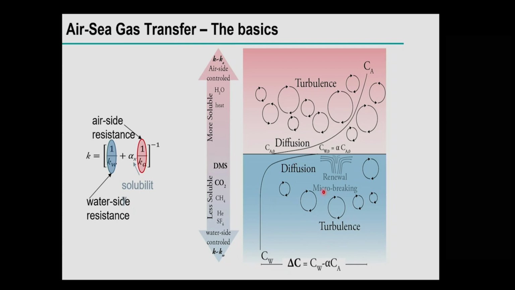And which side is going to be the slowest is what's going to control the total gas transfer velocity. So this gas transfer velocity is typically expressed as a water side and an air side resistance. And for gases that have very low solubility, such as CO2, also DMS or oxygen, it's whatever is happening in the ocean that is important.